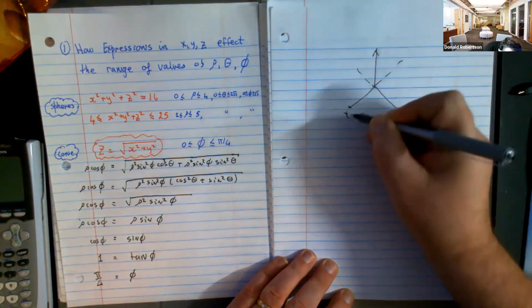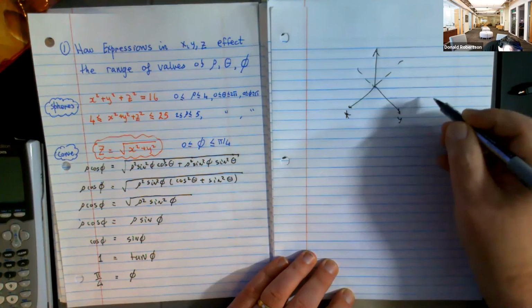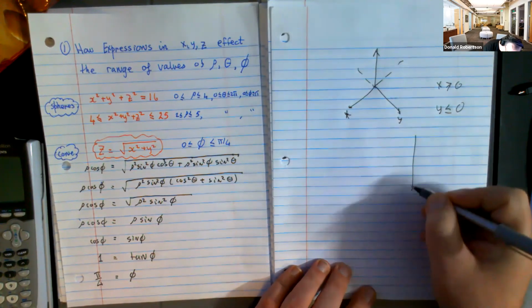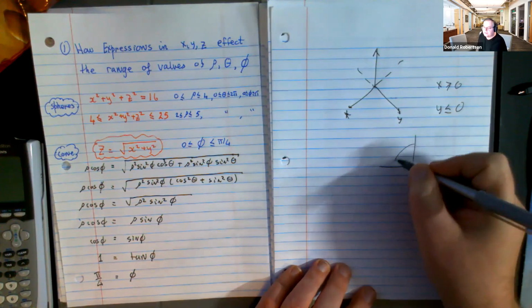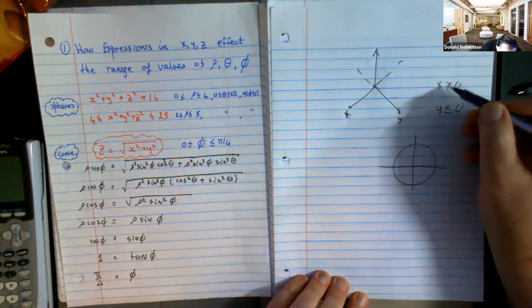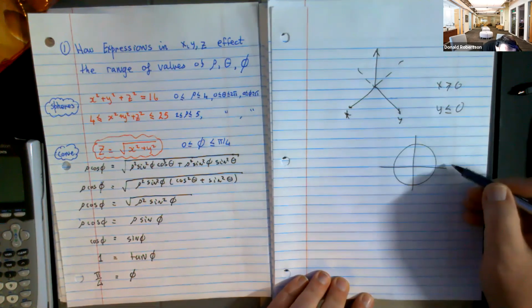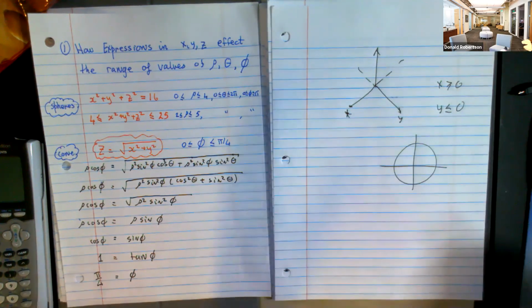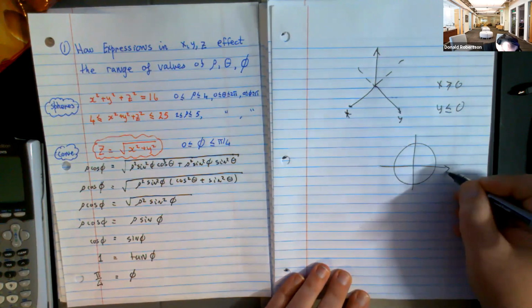But if you have anything to do with x's or y's, then you're only affecting the circular part of the sphere when you look at its image from above. If I told you that x was greater than or equal to 0 and y was less than or equal to 0, interesting combination, where would I be talking about in this circle?